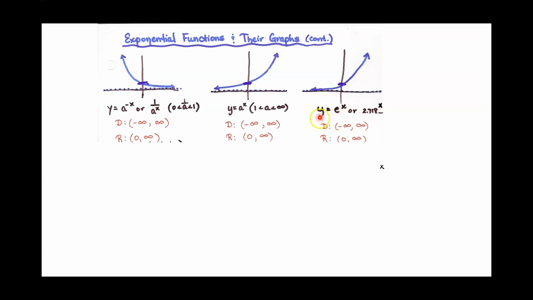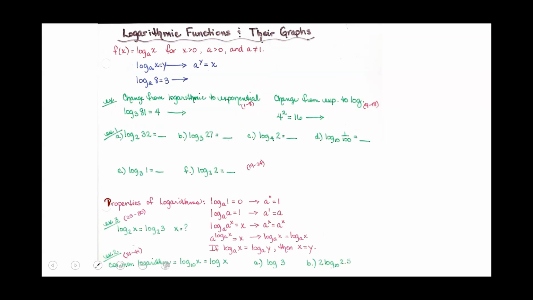So this would literally be y equals 2.718 to the x. So for the increasing function, a has to be a number greater than 1, right? 2.718 is greater than 1. So you'll notice that graph looks exactly the same, has the same y-intercept, has the same horizontal asymptote, has the same domain and range. That's our natural exponential function.